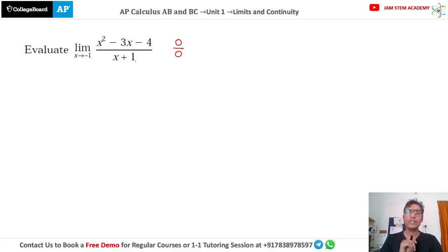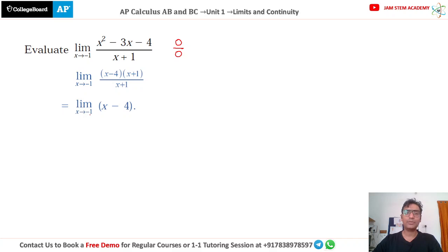Okay, so we need to go for the next method, which is, yes, you are right, factorization. So let's factorize the numerator part. It's a quadratic, so we can simply use the factorization method for doing this. So it gives me factors x minus 4 and x plus 1. Now x plus 1 can be cancelled out from both numerator and denominator. Let's do it.